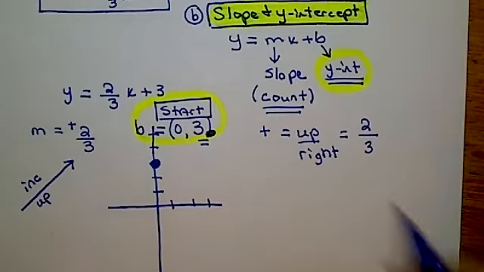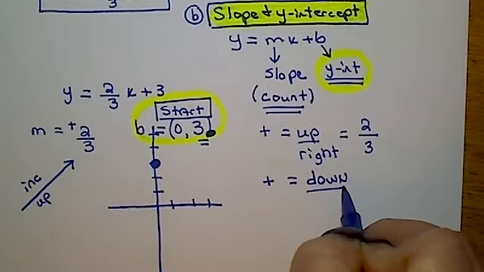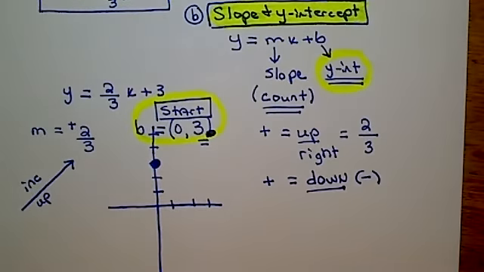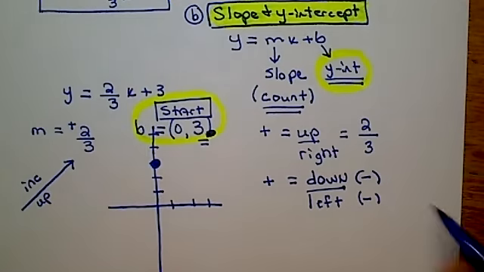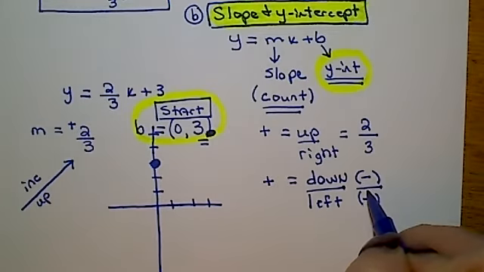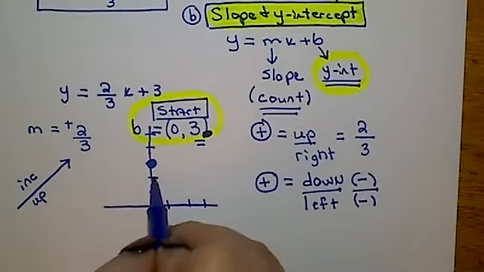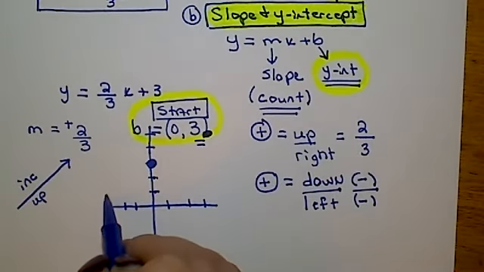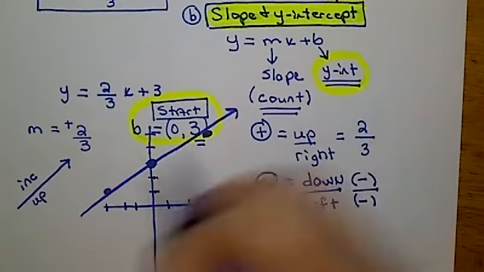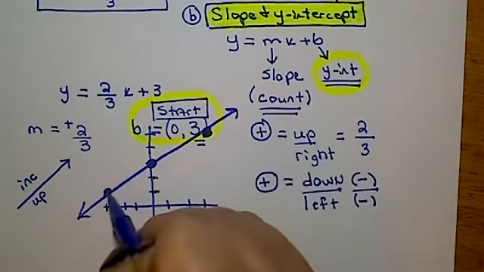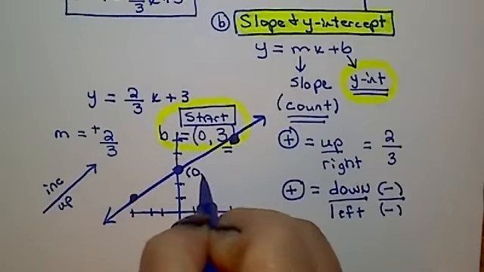Now, the opposite of up would be down. So if I go down, that is a negative move. I would have to go left, which is a negative move, because a negative divided by a negative would be a positive. So I'm going to go down 2 and left 3. Notice that I get the same line. This point is 0, 3.